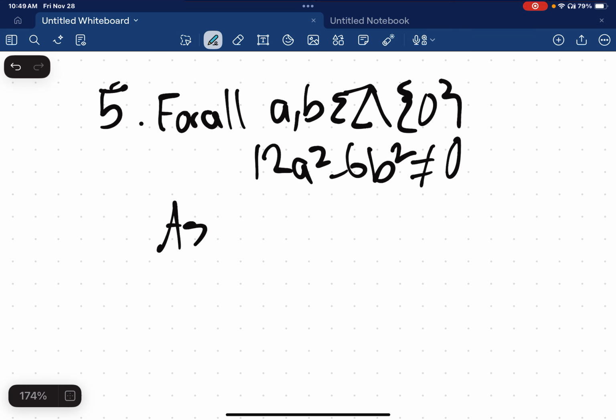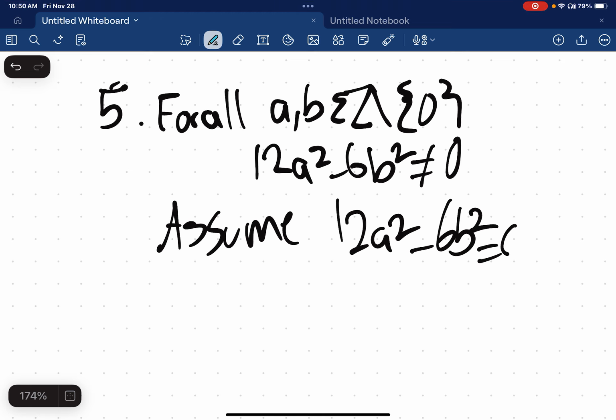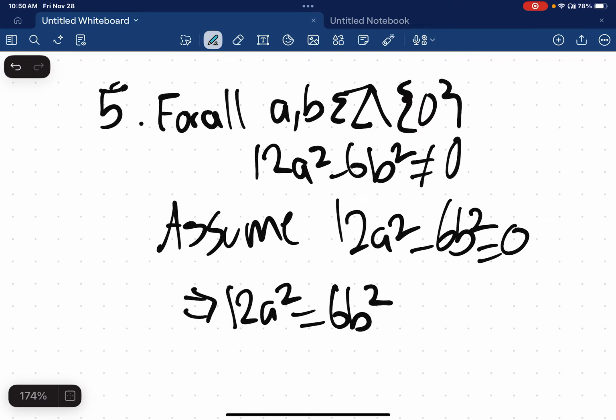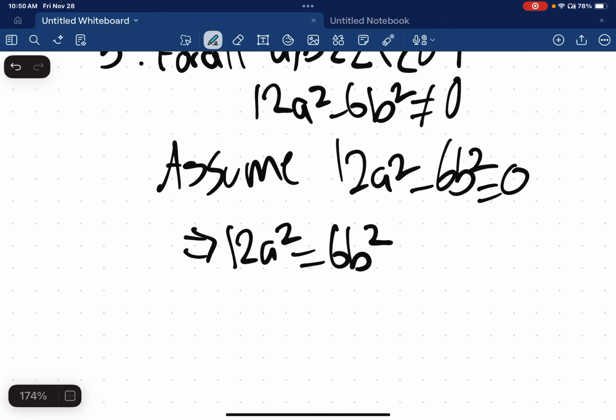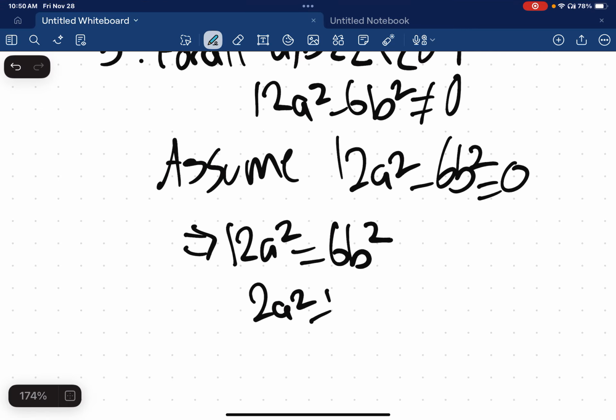So let's assume not once more. Assume that this statement is in fact true. In that case, we can say that 12a squared is going to be equal to 6b squared. Dividing both sides by 6, we get that 2a squared is equal to b squared.